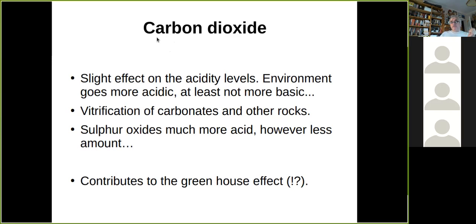And there seems to be a global idea that one should try to decrease the disposal of carbon dioxide to the atmosphere. This is probably a wise idea, very probably.